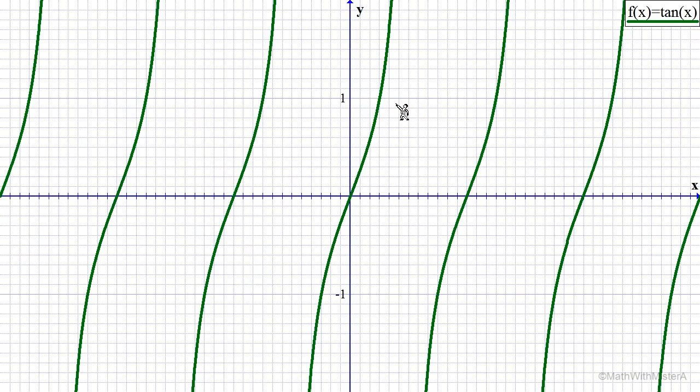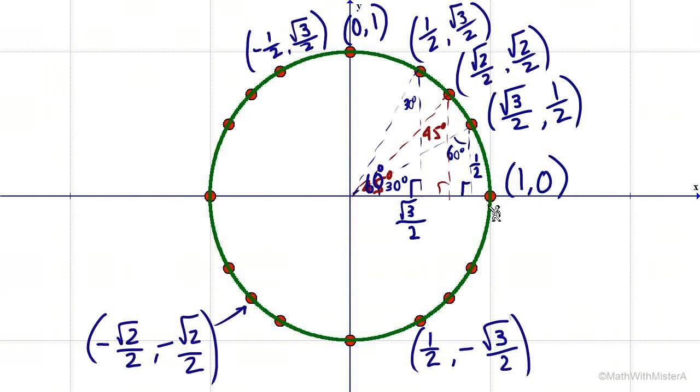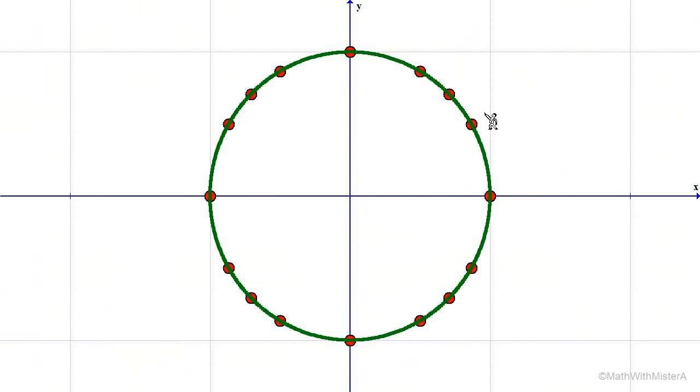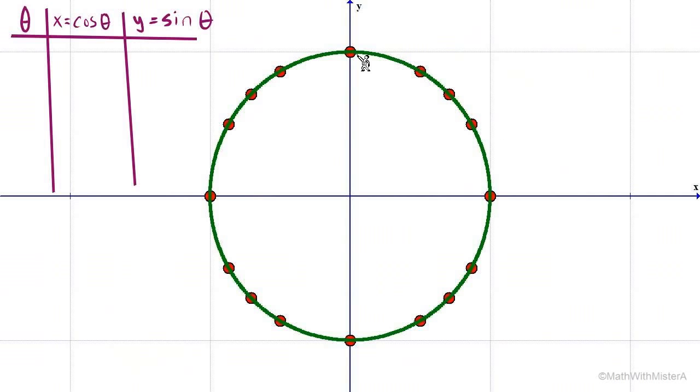While we're at it, we should take a look at the tangent graph and see this interesting shape. So let's construct this. We're going to start off by remembering these values on the unit circle, but when it comes to tangent, we're not interested in these coordinates x or y. Coming back to this unit circle diagram, let's recall what our main x and y coordinates were here in quadrant 1.